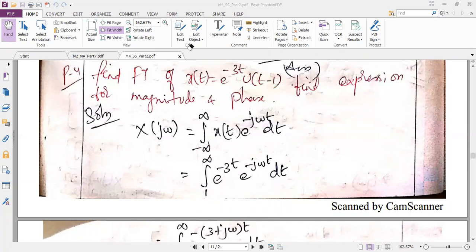You know how to substitute, what the formula is, everything. I want you to just complete the integration and give me the answer.